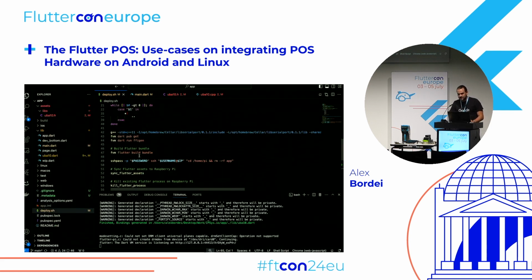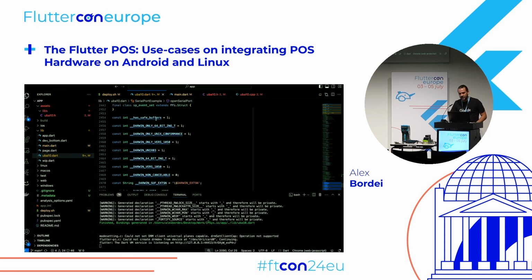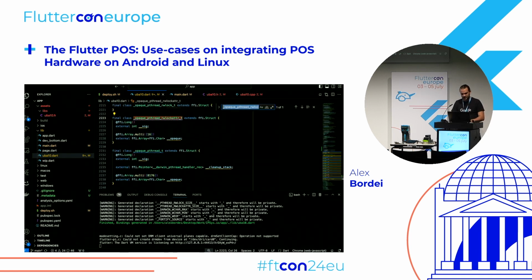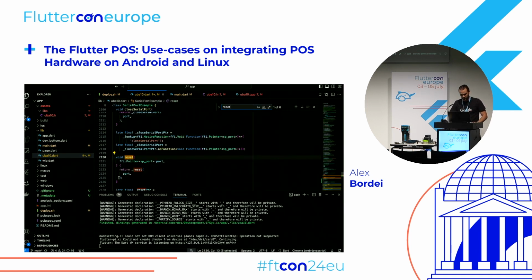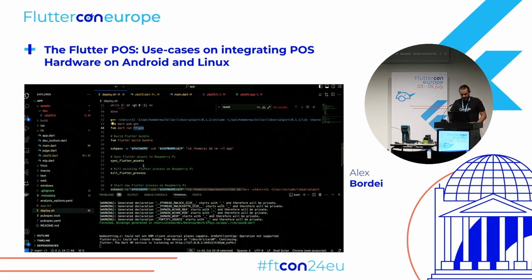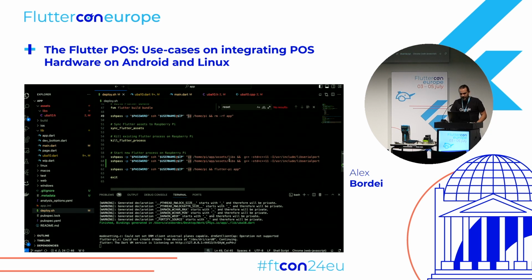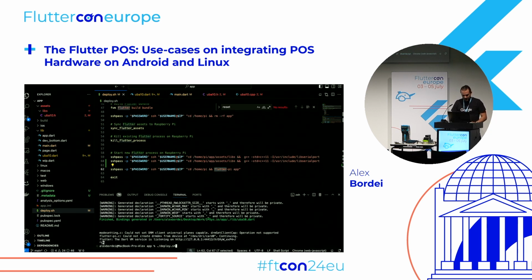Here I created a small script file in which I'm compiling this for Mac, and also analyzing the library with FFI-gen in order to generate this Dart file. This Dart file exposes the methods, including the reset one that we will be calling. Then I'm building the bundle files, deploying to the Raspberry Pi, and executing the app. Let's do it very fast.